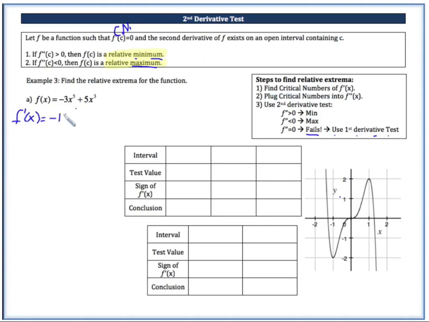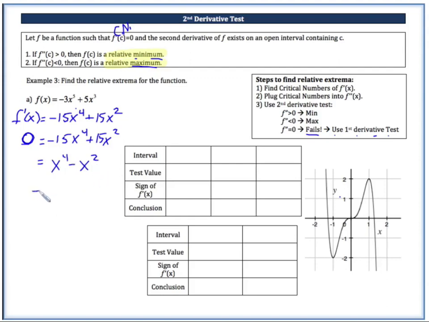We get negative 15 x to the fourth plus 15x squared. And we want to see where this equals 0. So we can take our negative 15 out of all this, and we'll be left with x to the fourth minus x squared.